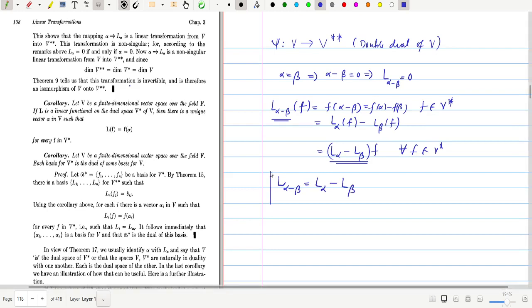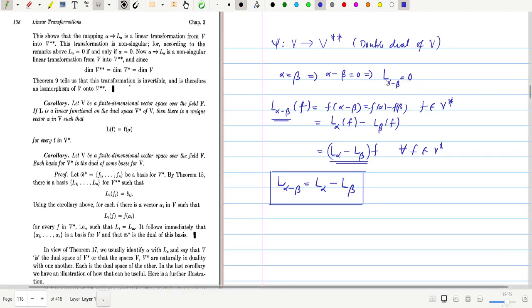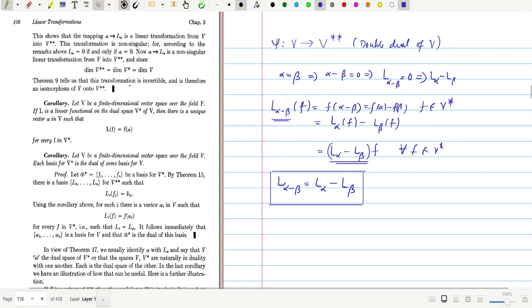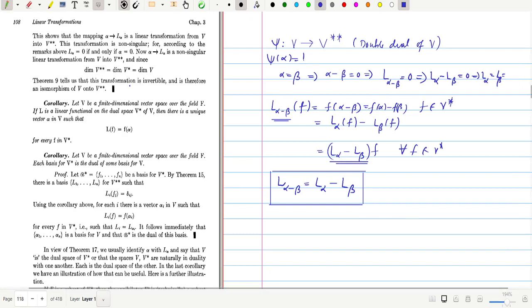So this is an interesting identity about this L alpha. Now you write L of alpha minus beta is equal to 0, this implies L alpha minus L beta equal to 0 implies L alpha equal to L beta. What is L alpha? L alpha is psi. The definition of psi is psi of alpha is equal to L alpha.